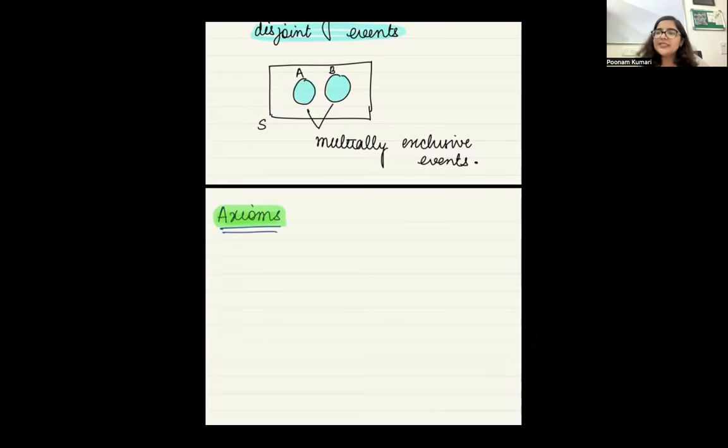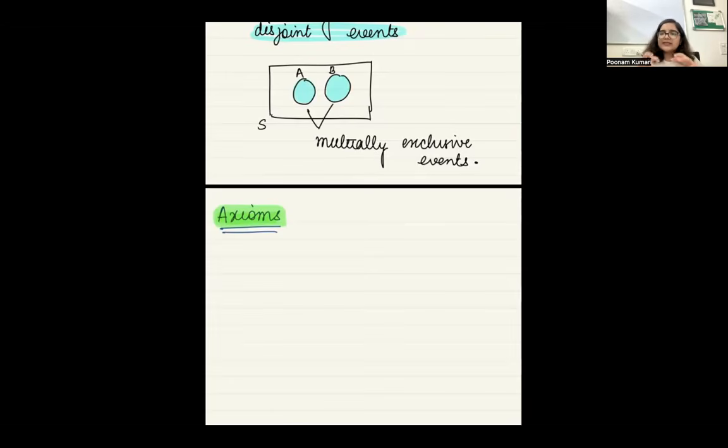So what is an axiom? Axiom is like the foundations that you assume to be true. You do not have the burden to prove that this is true. So if you write 1 plus 1 equals 2, there is no need for you to prove it. You have to assume that 1 plus 1 is 2. So axiom is anything which is so basic that it is assumed to be true.